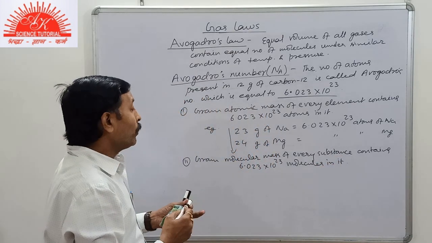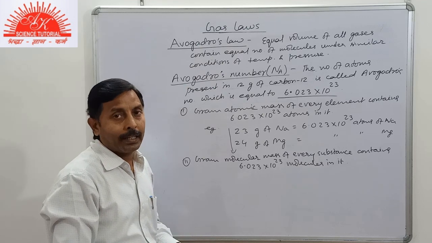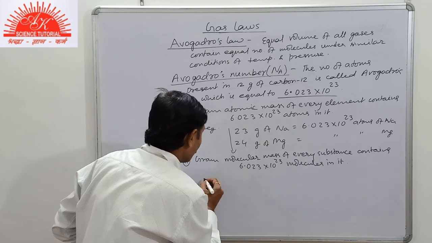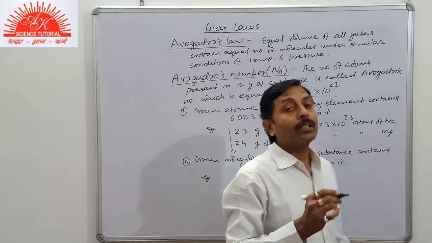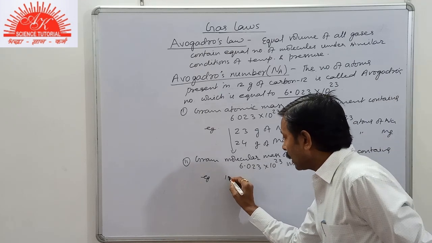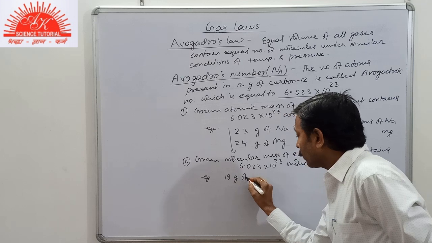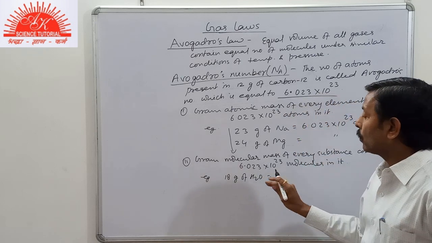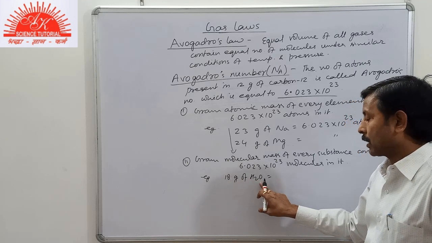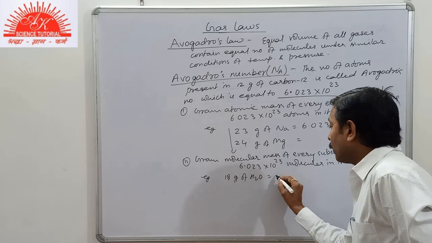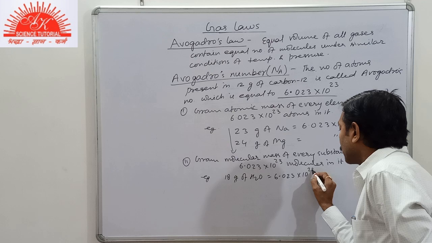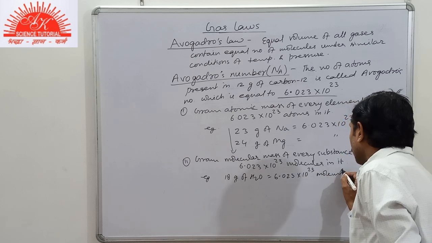This time we have used gram molecular mass, hence the number of molecules is compared with that. For example, suppose what is the gram molecular mass of water? It is 18. So we can write 18 gram of H2O. If you do not remember it, you can calculate in rough, that is 1 into 2 plus 16. We calculate gram atomic mass, molecular mass. It contains 6.023 into 10 to the power 23 molecules of water.